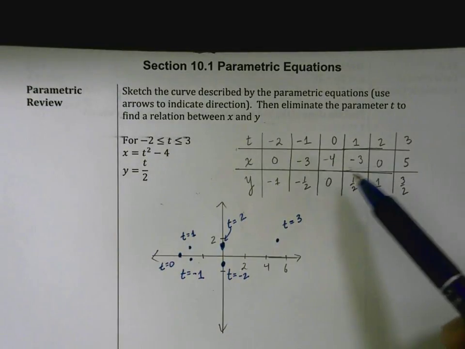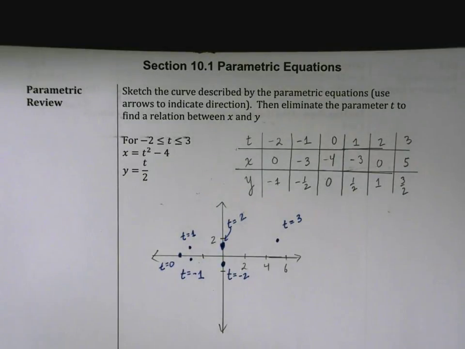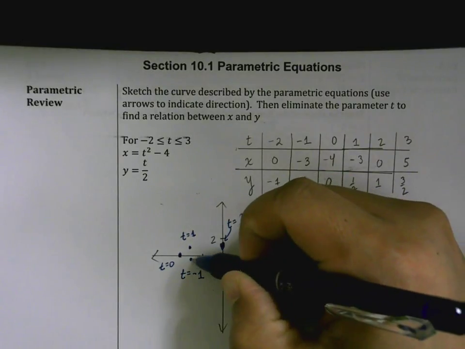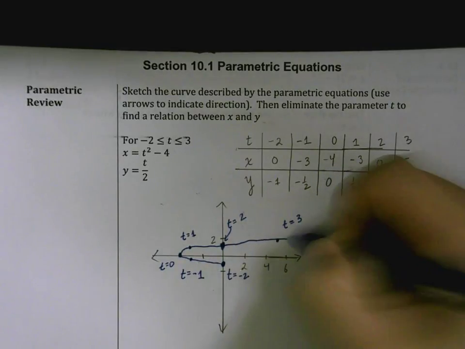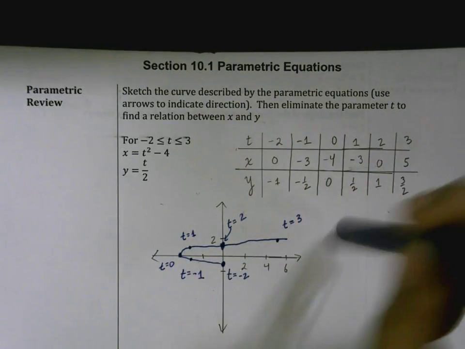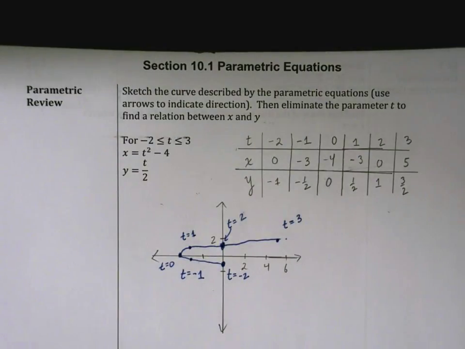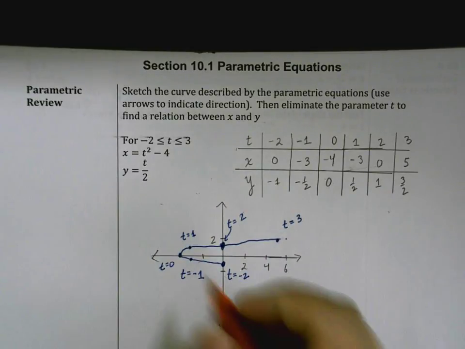Okay, so once I'm done graphing all the points, I get this picture here. And if you look at this picture and just follow the dots as they move, you can see that we're going to have a sideways parabola here. Okay. And we also want to use some arrows to indicate the direction. In other words, we don't know whether the object is going this way or this other way if we don't use the arrows.